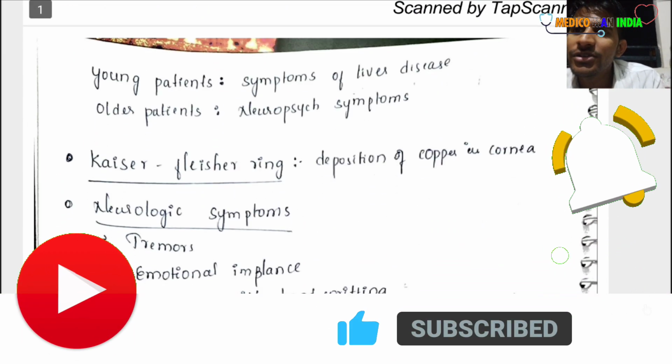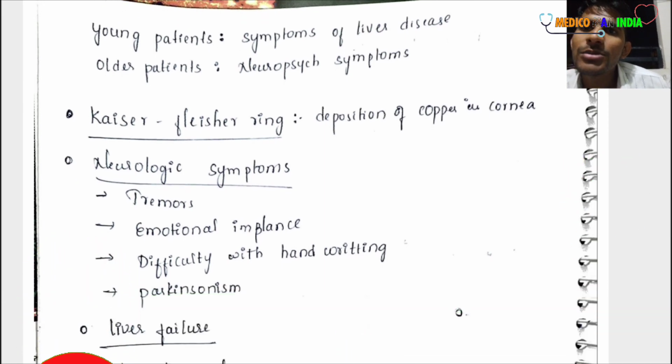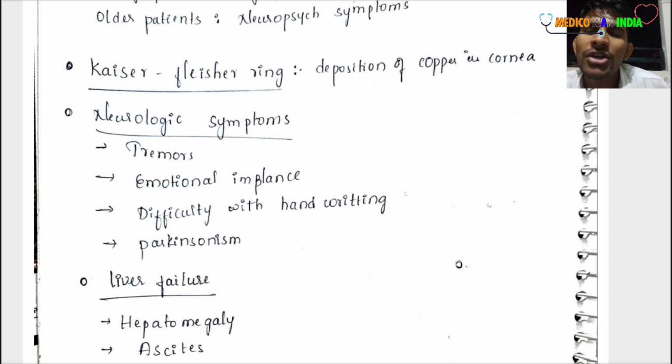Okay, in young patients symptoms of liver disease are seen, and in older patients neuropsychiatric symptoms are seen. The symptoms of liver disease are because there is deposition of copper in the liver, and neuropsychiatric symptoms because of deposition of copper in the brain. One of the most important characteristic features of Wilson's disease is formation of the Kayser-Fleischer ring.